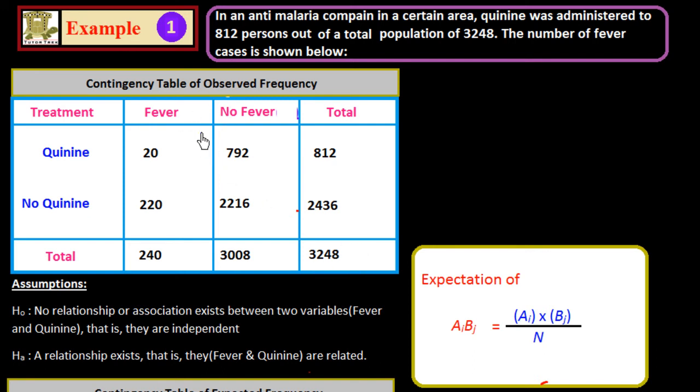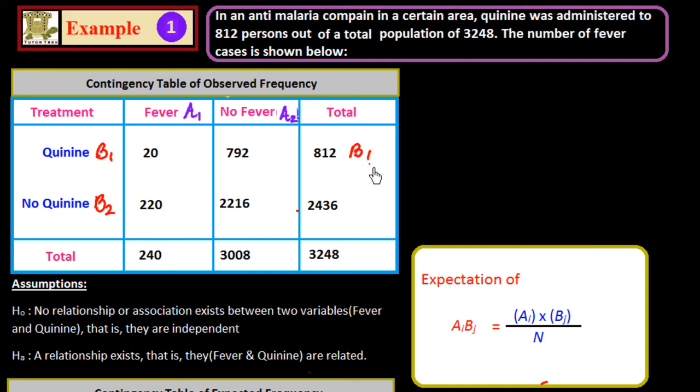So we give some names to this. First I would like to name the persons who are having fever A1, and the persons who are not having fever A2. The persons who are given quinine I write down here as B1, and the persons who are not given quinine is B2. Now it is the intersection of A1 B1.